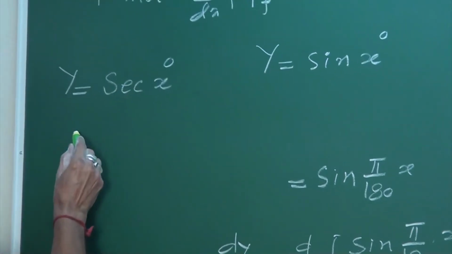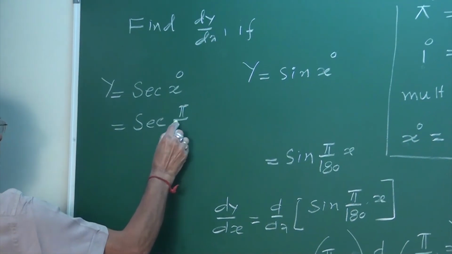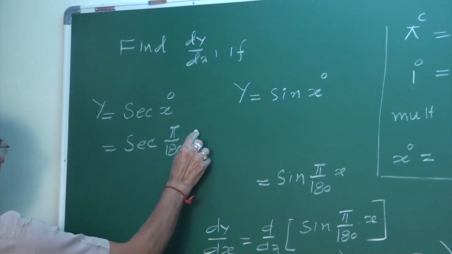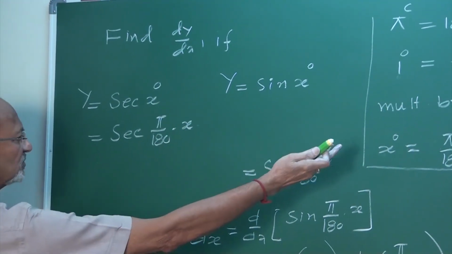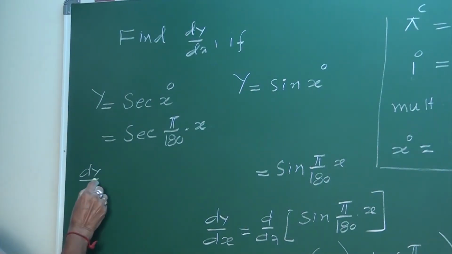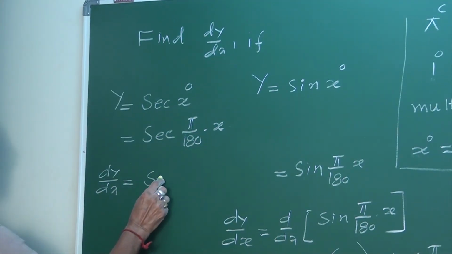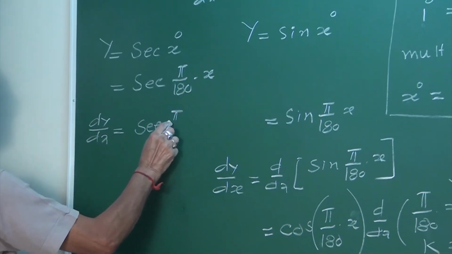Sec x degree, it becomes what? Sec of, what is x degree? Pi upon 180 into x. This, my friend. Write dy by dx. What is the derivative of sec? Sec into tan.